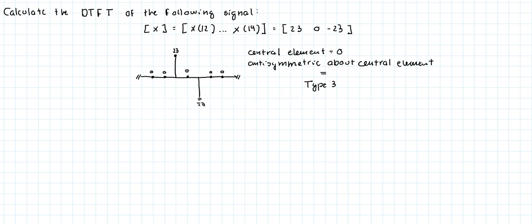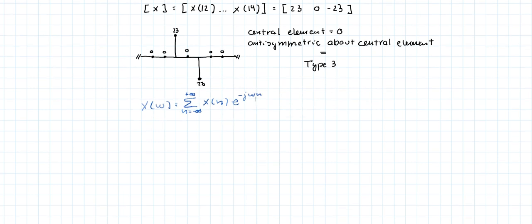So I'm going to begin by writing the equation for the DTFT. It's the summation of n goes from minus infinity to positive infinity, x of n times e to the minus j w n. So we're going to fill in with the coefficients that we know.